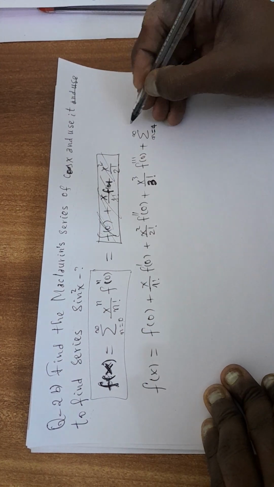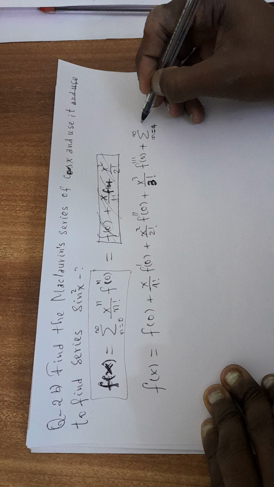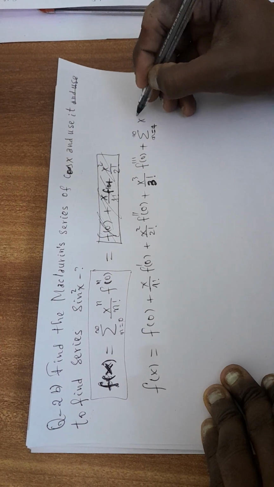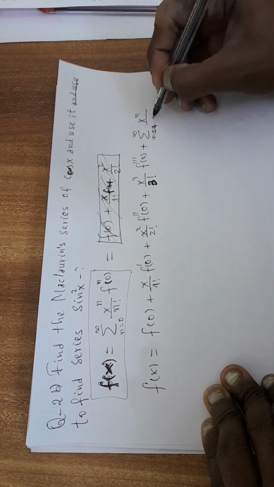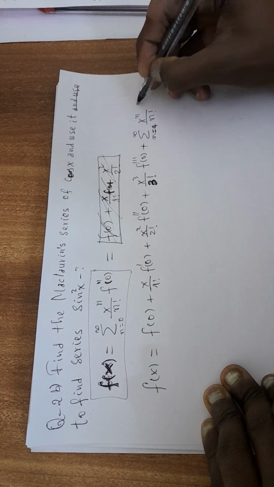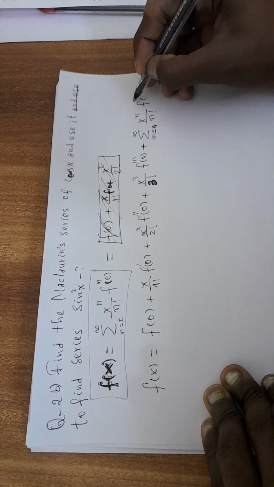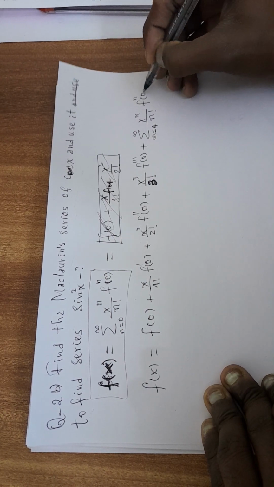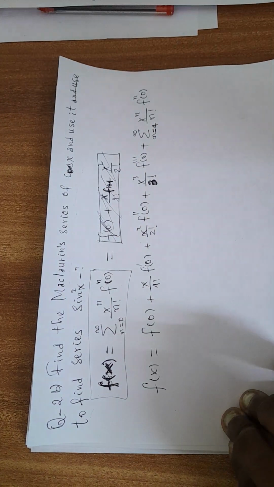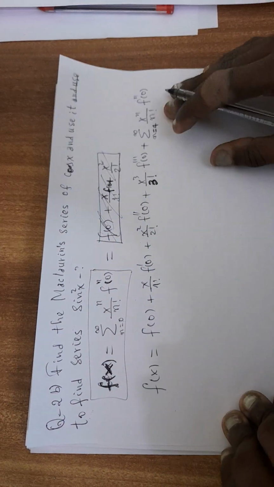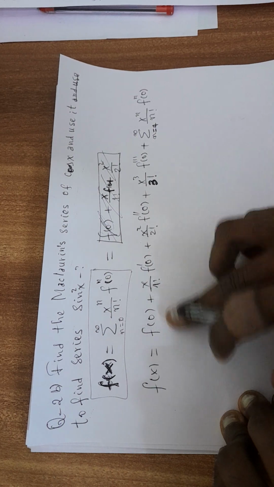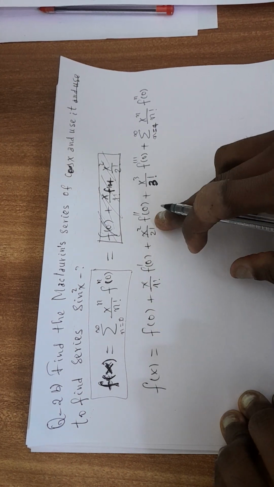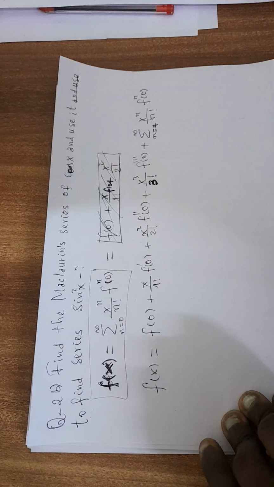Here it ended at 3, so from 4 to infinity it will be x to the power n over n factorial, times the nth derivative at 0. Now that we know this, we will just take out these three points. This one I will dismiss.